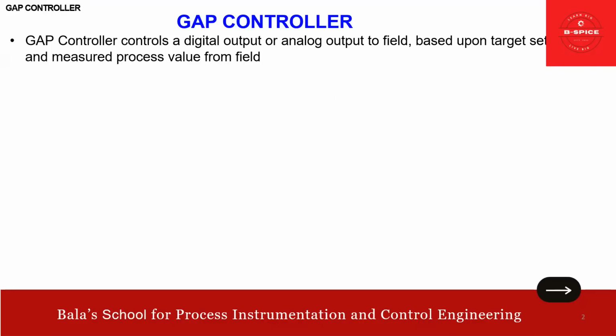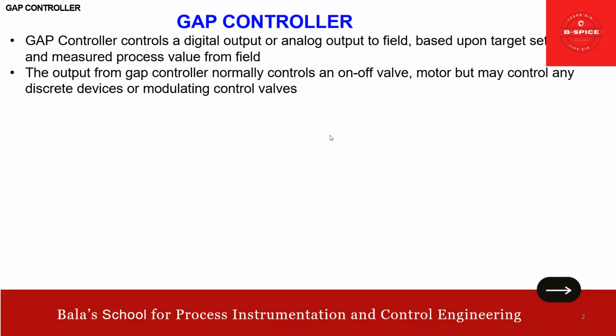What does a gap controller actually do? It controls the digital output or analog output to the field, based upon a target set point and the measured process variable from the field. Very simple, right? The output from the gap controller normally controls an on-off valve or motor, but may also control other discrete devices or modulating control valves.